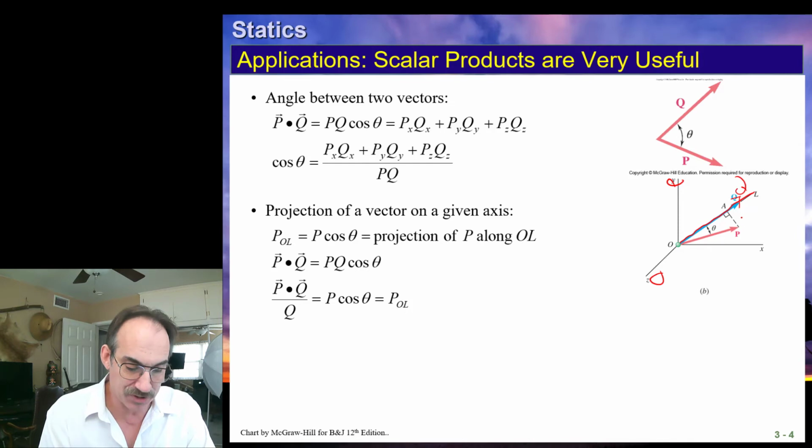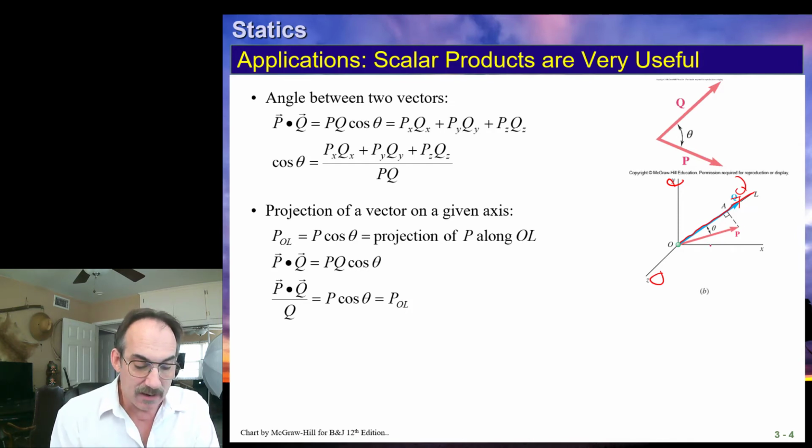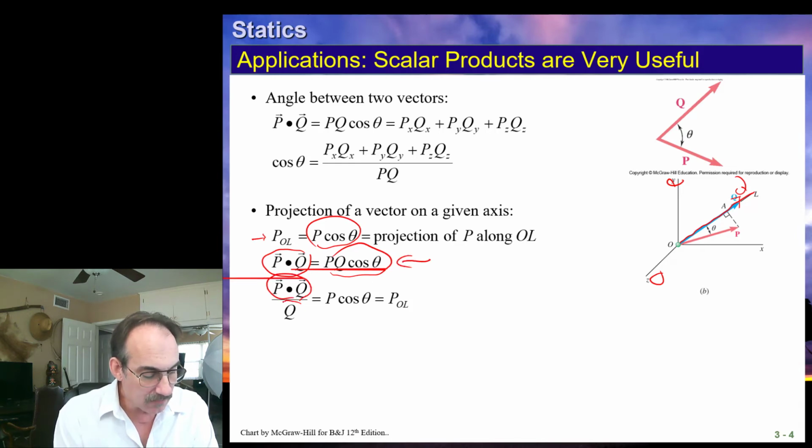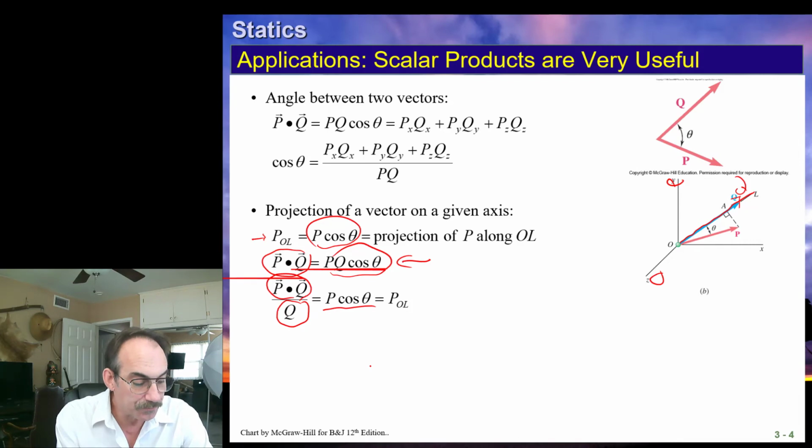If we're trying to find the projection of P onto Q, all we need to do is take P cosine theta. That gives us the projection. Or we can take P dot Q, since that's equal to P cosine theta, we can see that rearranging this says that P dot Q divided by the magnitude of Q gives us the projection of P onto Q.